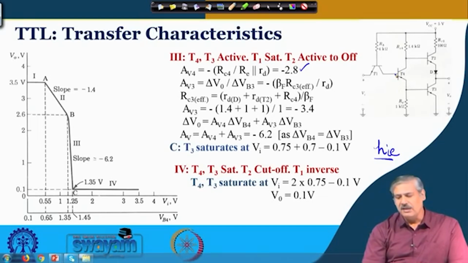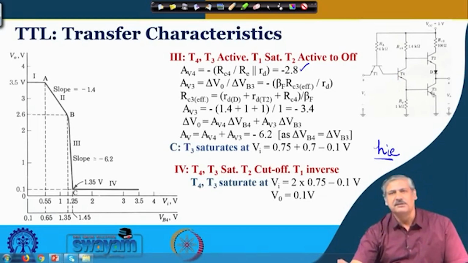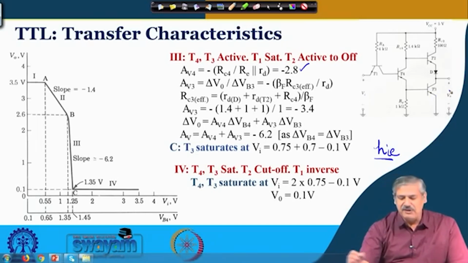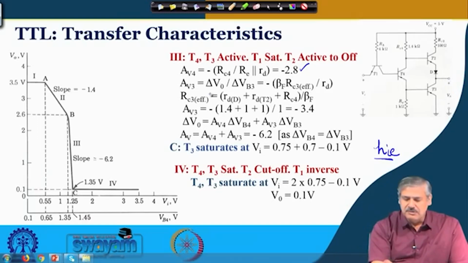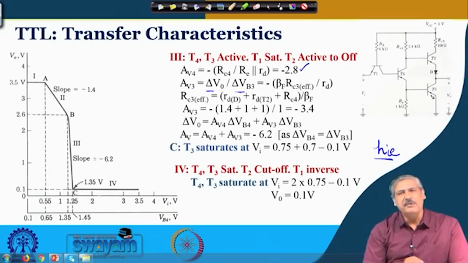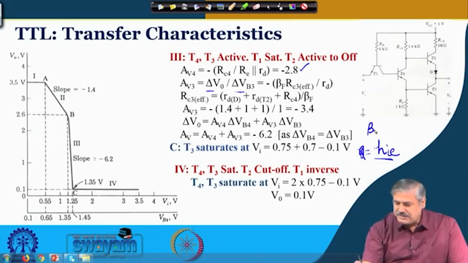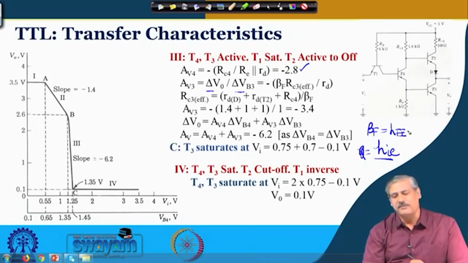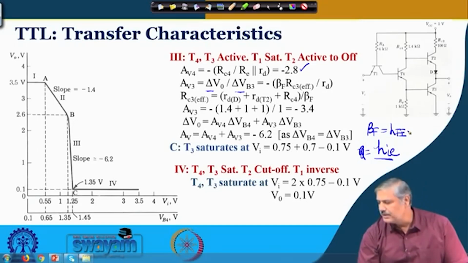Now, when this one is conducting, in an active region, this is also providing a voltage gain. So, this voltage gain is at the output with respect to voltage changes that are occurring at the base of T3. And this can be calculated using the beta forward, that is, if this is your RD, beta forward is nothing but in H parameter terms HFE, or we know the current gain, that is the beta in the forward direction, forward active mode of the transistor.